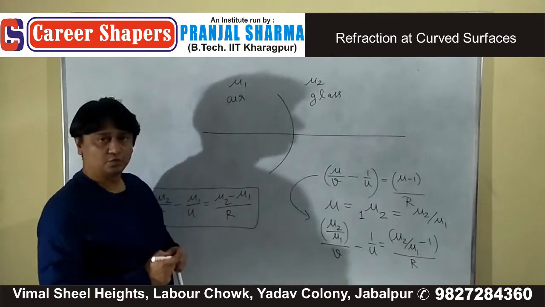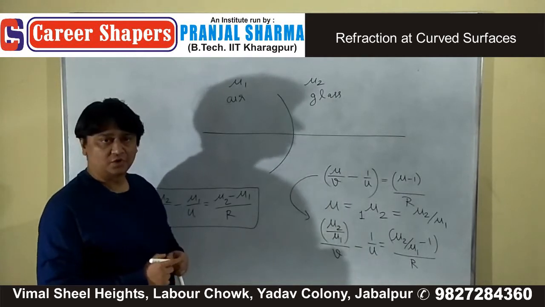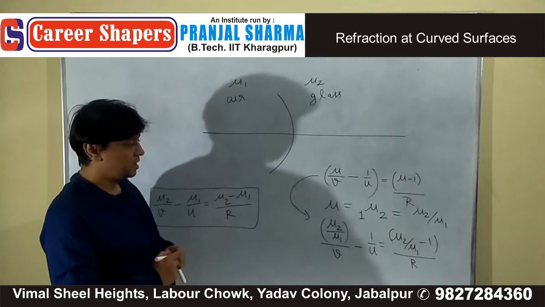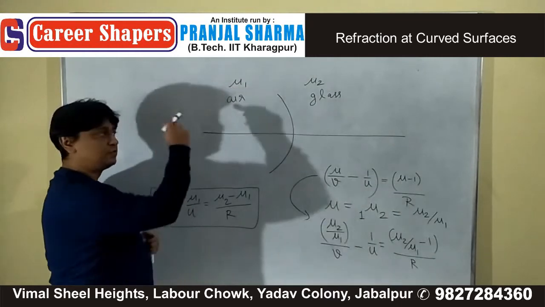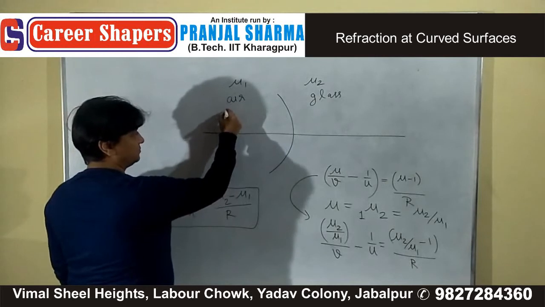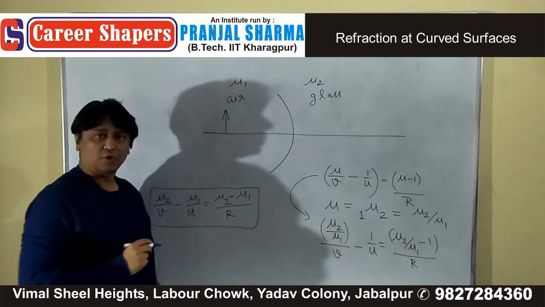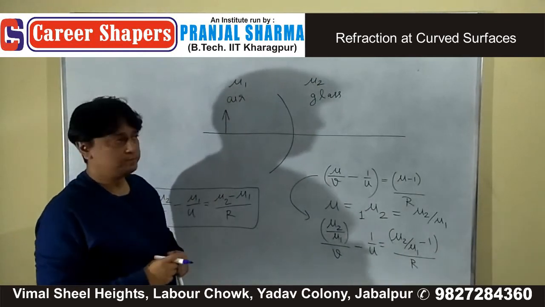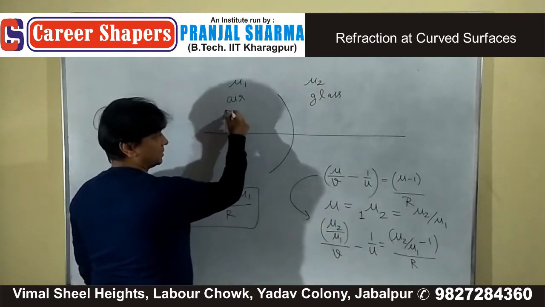Now, let's also find image magnification with the help of refraction at curved surfaces. Note down this much and then look at this part. Suppose we have an object and we are interested in finding its image. So you take one ray like this.